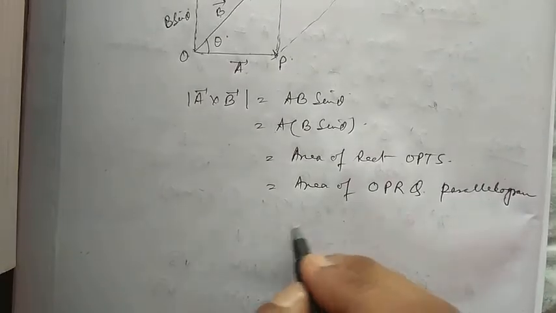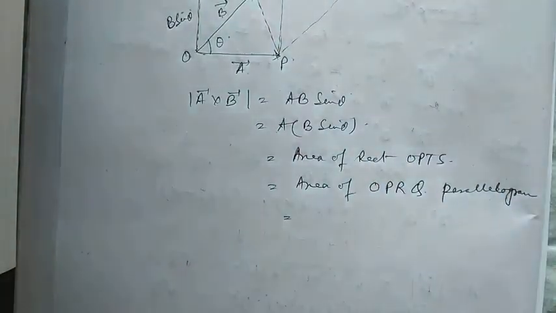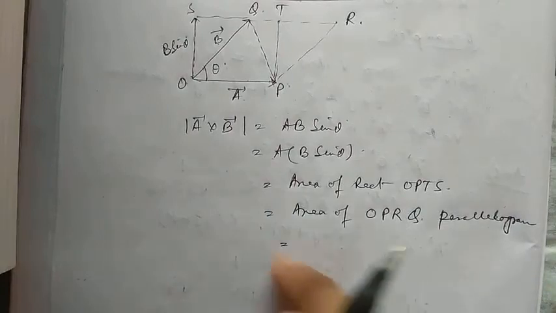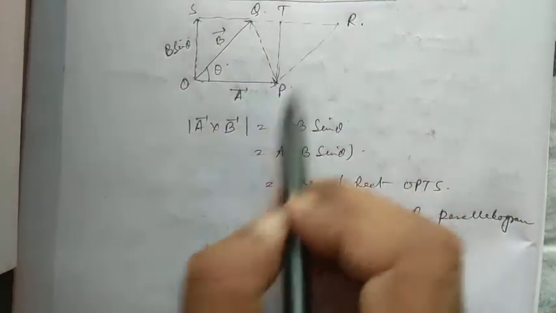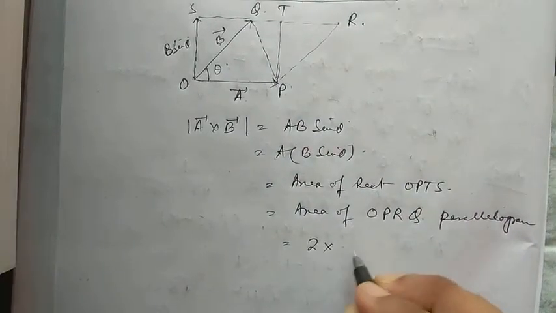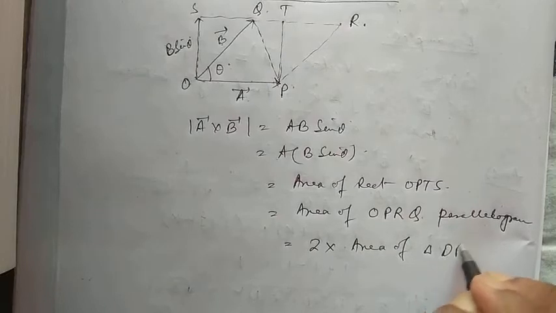Now this parallelogram comprises two triangles. If we join QP, this comprises two triangles. So 2 into area of triangle OPQ.